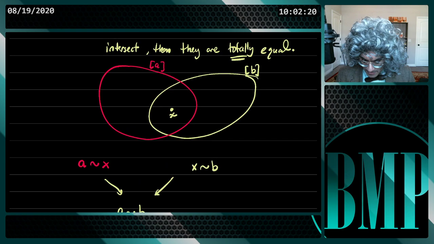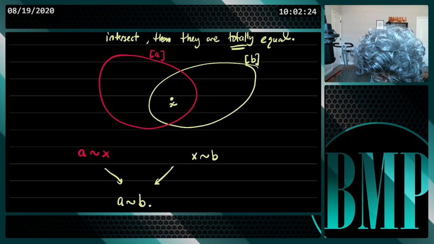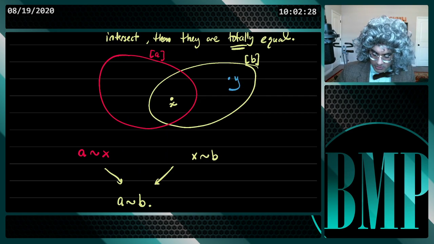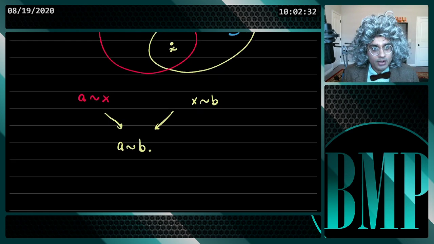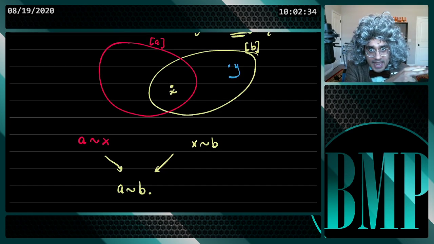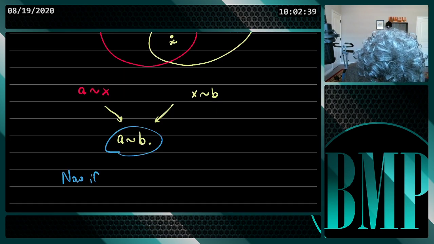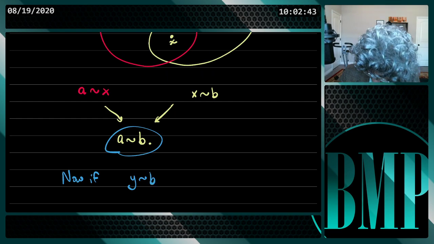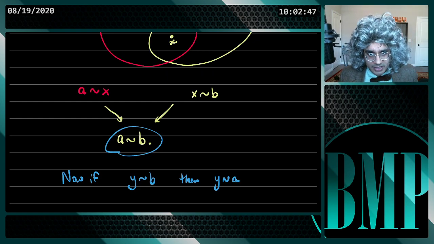But now look, if I give you any other element, Y, let's say in B's equivalence class, then Y is automatically also in A's equivalence class. If Y is equivalent to B, then Y is equivalent to A, again by transitivity.